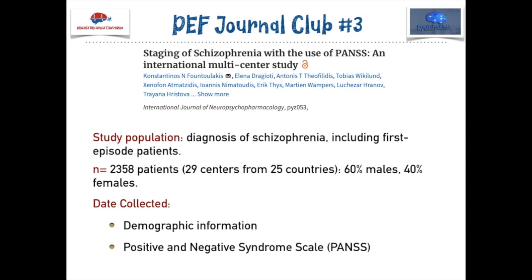The first scale is for positive symptoms, the second scale is for negative symptoms, and the third scale is for general psychopathology. But this study used a modified version of the PANSS scale. Instead of 3 dimensions, this scale had 4 dimensions: positive symptoms, negative symptoms, general psychopathology, and excited symptoms.